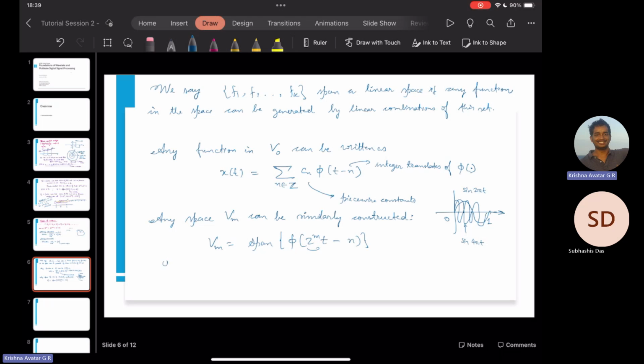And so we can say that phi of t is called the scaling function. And this is in the case of multi-resolution analysis, which is also abbreviated as MRA.